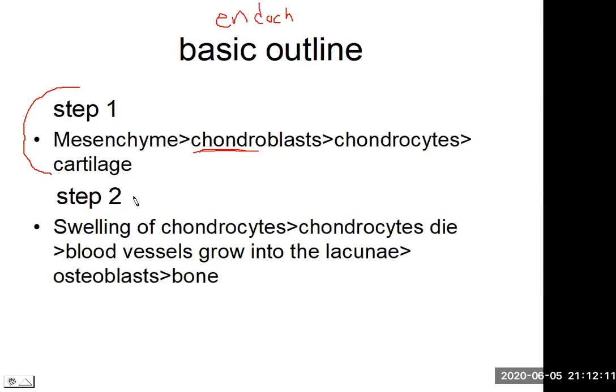So now the second step, this is truly the bone growth, the ossification. So we see that original tissue of cartilage ultimately dies off as it's broken down. We deliver our bone producing cells, osteoblasts, and they do their job of producing bone matrix.